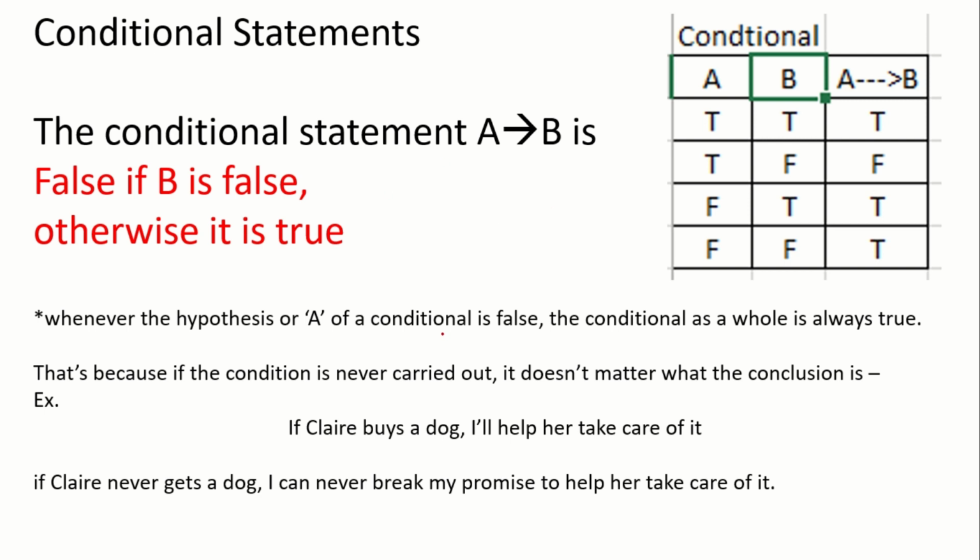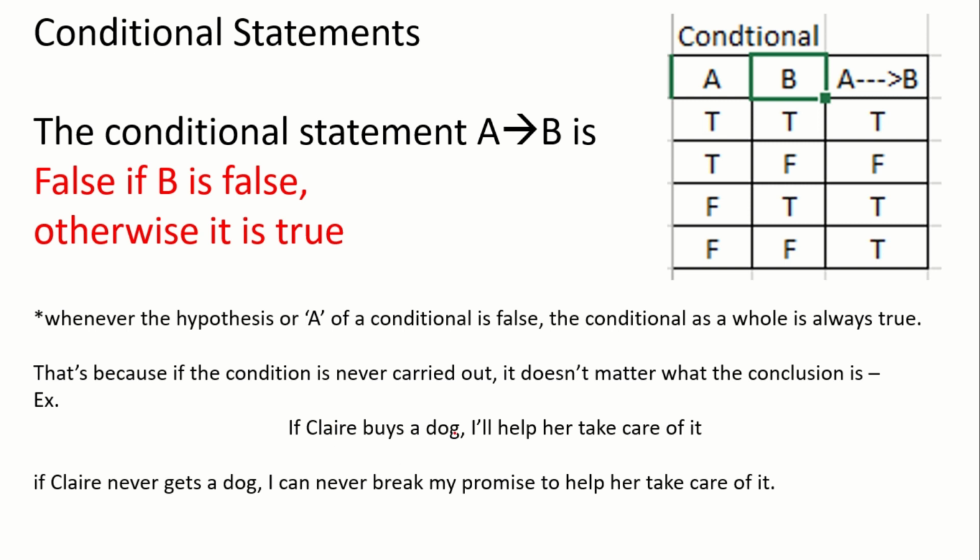Now how about the other two? Whenever the hypothesis A of a conditional is false, as in the last two rows, the conditional as a whole is always true. That's because if the condition is never carried out, it doesn't matter what the conclusion is. For example, if Claire buys a dog, that is A, and B is, then I'll help her take care of it.